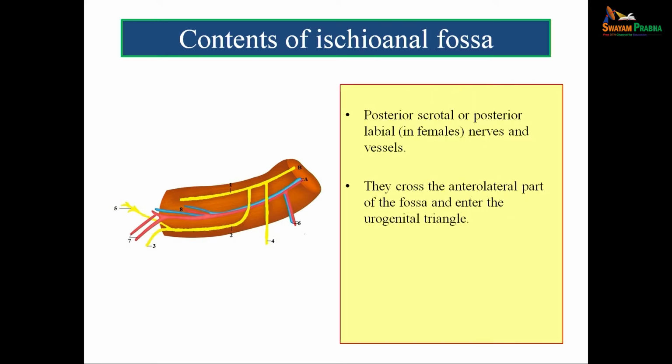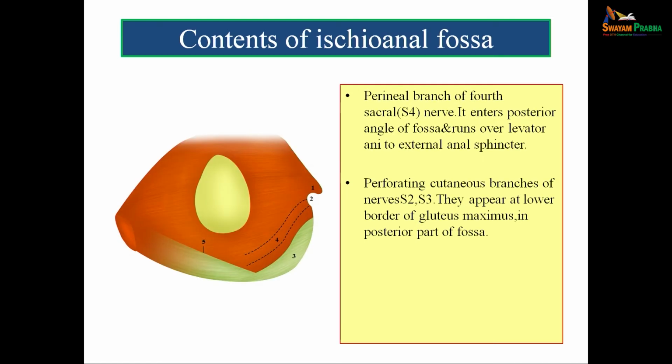The fourth content of the ischioanal space is the posterior scrotal or posterior labial nerves and vessels. They cross the anterolateral part of the fossa and enter the urogenital triangle. Another content is the perineal branch of the fourth sacral nerve.